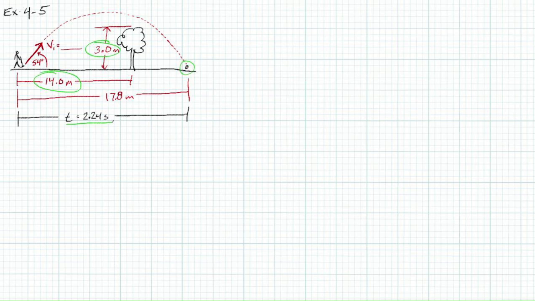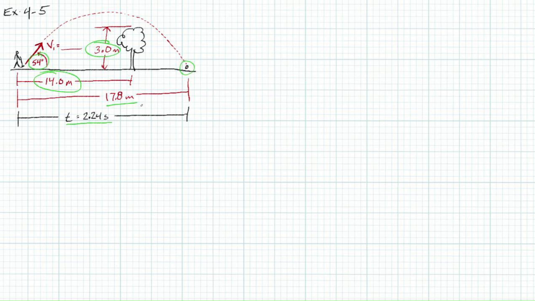And finally, in part A, we're told that the angle that the ball left the club, right here, you would call that theta, is 54 degrees. So that's our knowns. That's what we're given so far for this golf club problem.